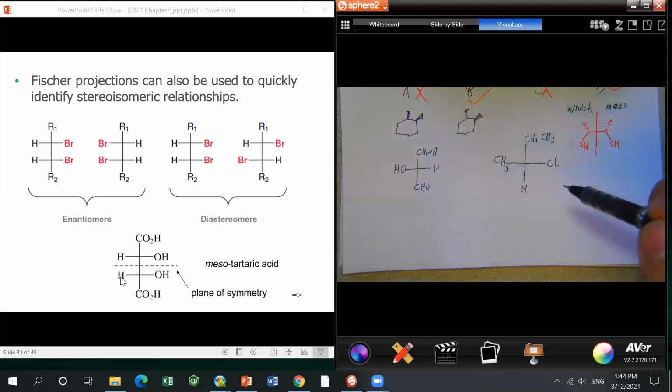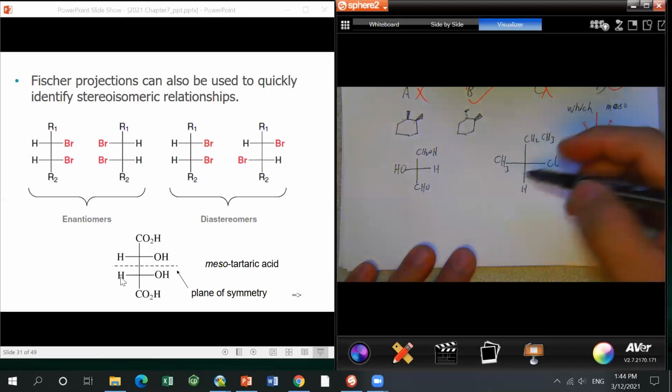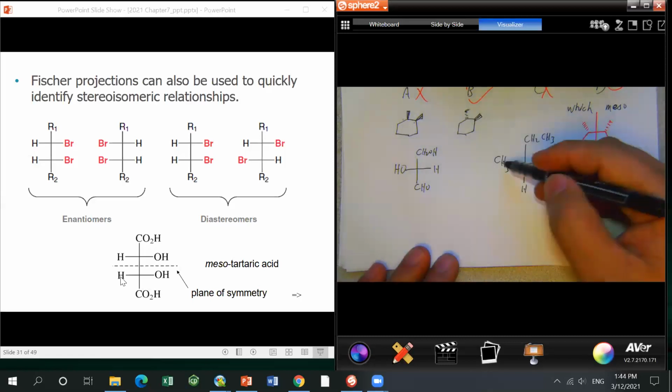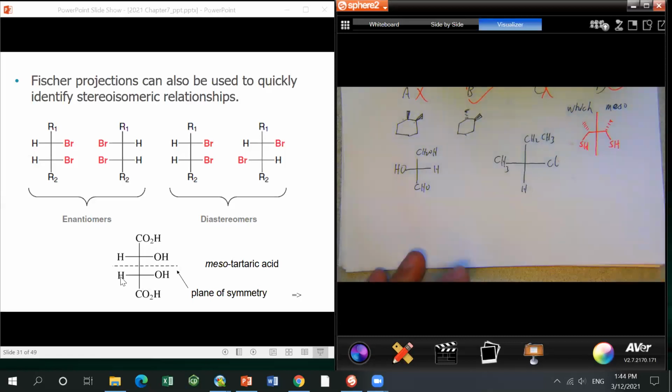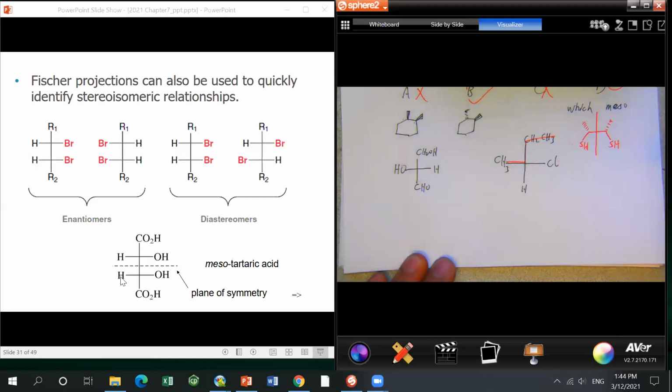In the very beginning, don't care about the stereocenters, stereoisomers, or the R and S. Go ahead and first find the highest priority group, which should be this main chain, because the chlorine is only for the prefix name. So that's the main carbon chain.